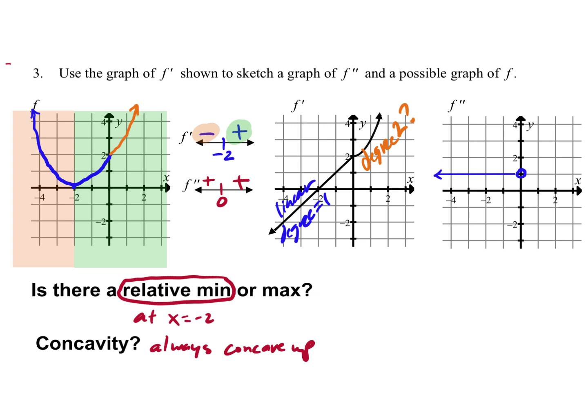Now the next part is where it gets tricky. The slope is 1-ish, then it's 2-ish, then it's 3, 4, and it starts climbing really quickly. So what is the slope really right here when x is 0? 0, right?